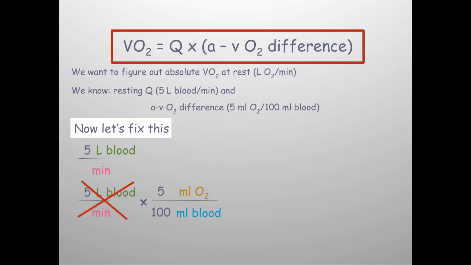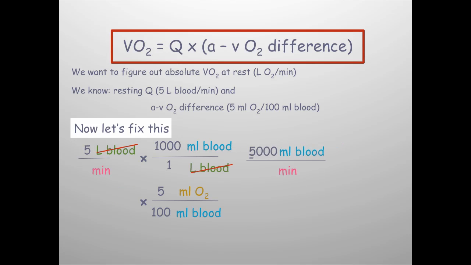I'm going to take my cardiac output expressed in liters per minute, and I'm going to put liters of blood on the denominator so that it will cancel out the liters of blood on the numerator here, and mils of blood up on the numerator. There's 1,000 mils of blood in 1 liter of blood. Liters of blood gets to cancel out. And I'm left with 5,000 mils of blood per minute in terms of my cardiac output.